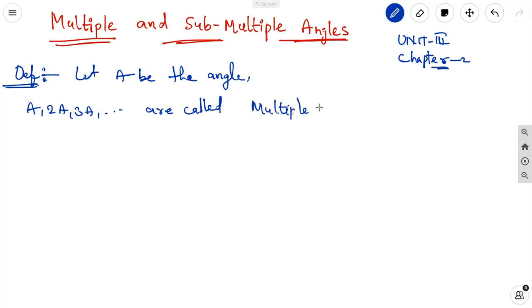If we multiply with a positive integer, then we say that the angles are multiple angles. Submultiples means, let A be the angle, when we take the multiple with a fraction, that is half, 1/3, 1/4, then those angles are called submultiple angles.